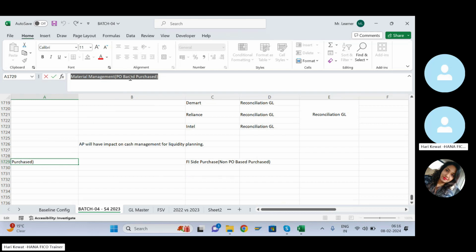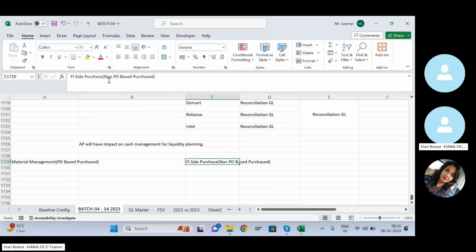I'll tell you what a purchase order is. If you are making a purchase on an ad hoc basis, all of a sudden, then you can purchase from the FI side, and it is known as a non-PO based purchase.